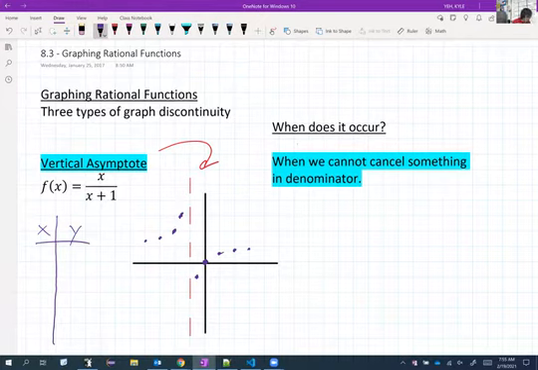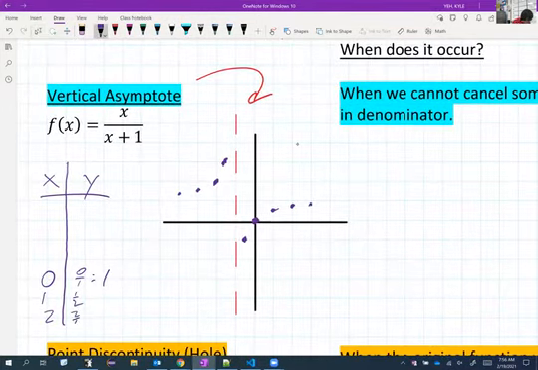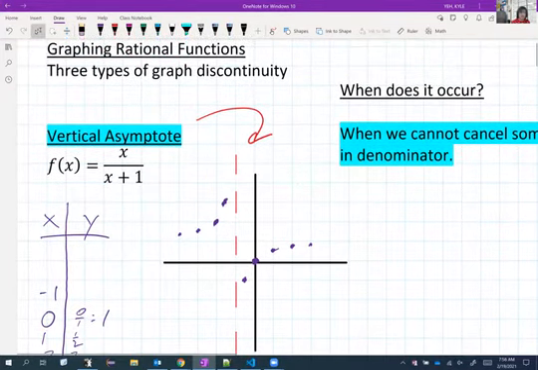I went ahead and plugged in some points. If I plug in 0, we get 0 over 1, which is just 1. If I plug in 1, I get 1 over 2, so a half. 2, I get 2 over 3. Negative 1, if I try to plug in negative 1, notice I get negative 1 over 0, and we know we can't divide by 0.